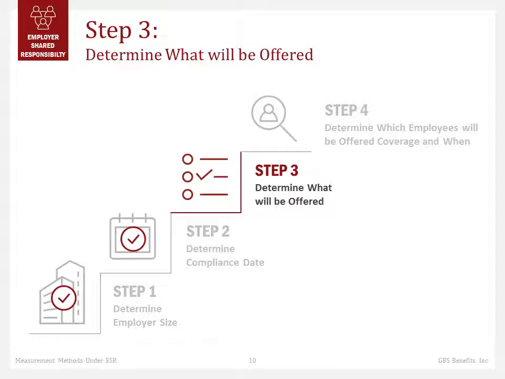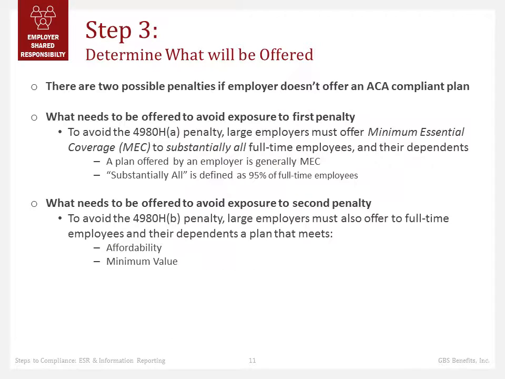Step 3 is determine what will be offered. There are 2 possible penalties if you as an employer don't offer an ACA compliant plan. What needs to be offered to avoid exposure to the first penalty? Well, the first penalty is technically called the 4980H(a) penalty. Sometimes we call it the non-offering penalty, and in that case, in order to avoid it, you need to offer minimum essential coverage to substantially all your full-time employees and their dependents.